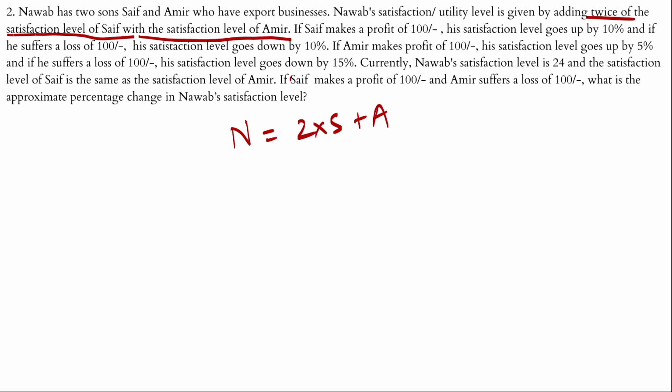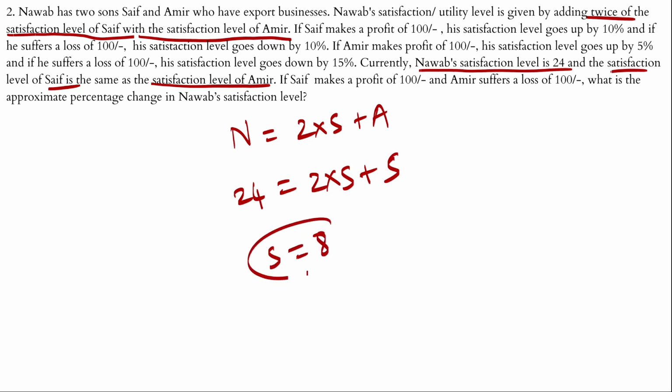And what about the current satisfaction level of Nawab? It is 24. So Nawab's satisfaction level is 24 as of now, and the satisfaction level of Saif is the same as that of Amir, so we can substitute S in the place of A here. So S will be equal to 8.